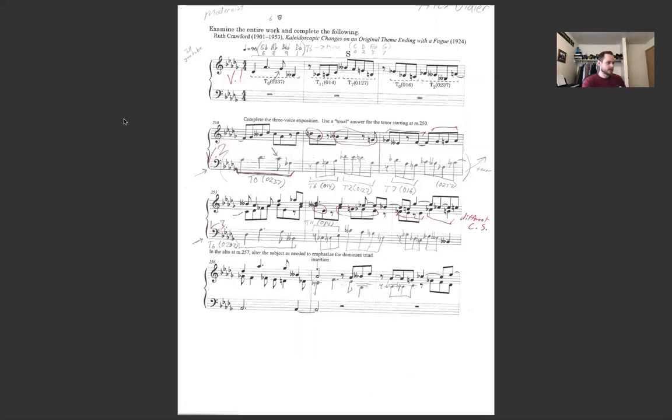She was an American modernist composer during the 20s and 30s, and listening to her music is really cool because it takes all the aspects of the fugues that we've been studying the last few terms and adds a whole other harmonic language. It's kind of completely new. So, yeah, let's take a look.